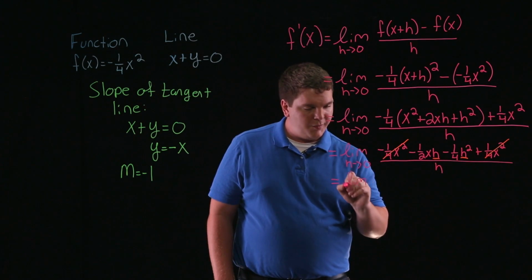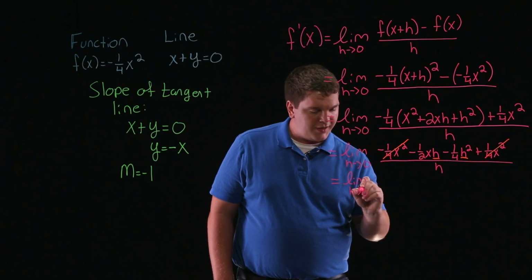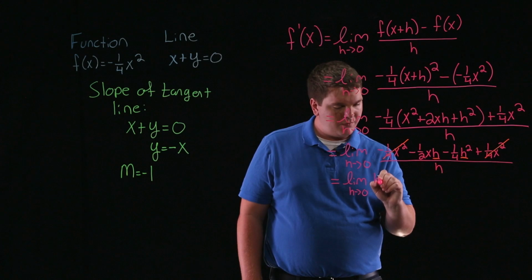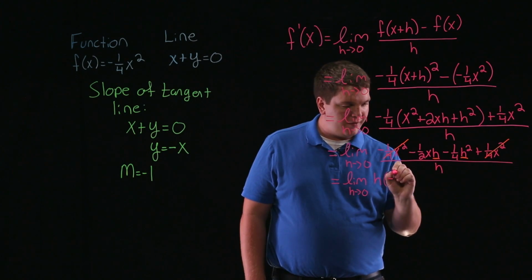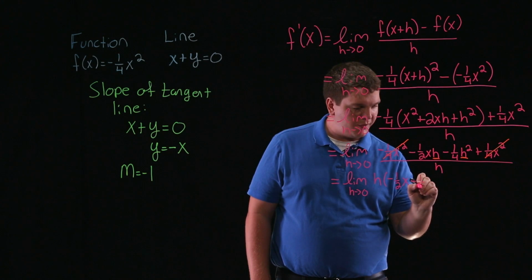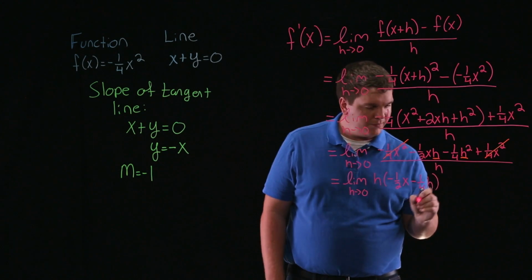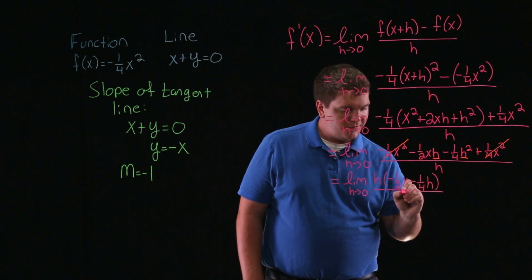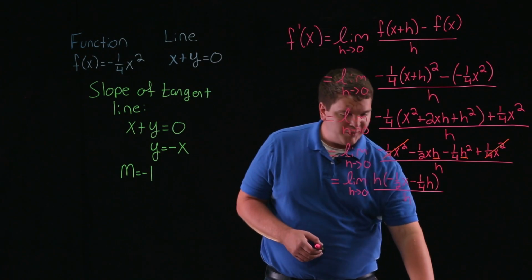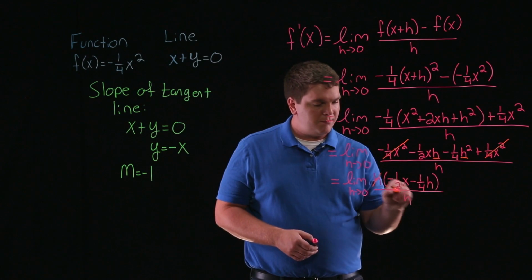This leaves us with the limit as h approaches 0, factoring out an h, so we're left with negative 1/2 x minus 1/4 h, and this is all divided by h. Since there's a factor of h in the numerator and denominator, these will cancel.